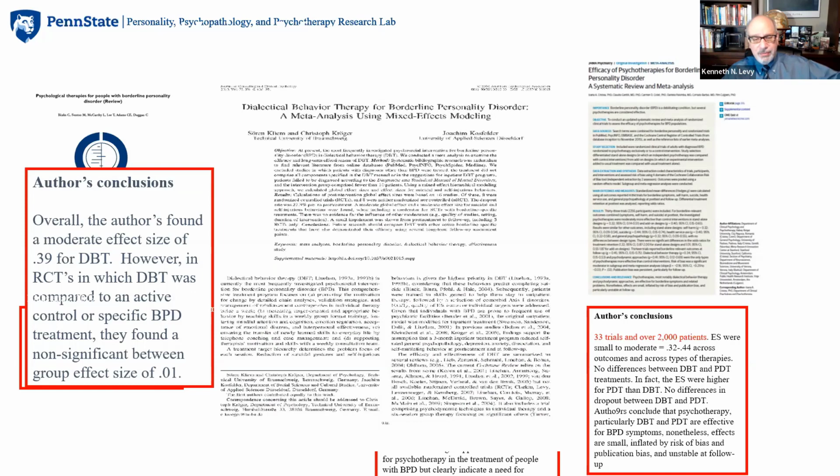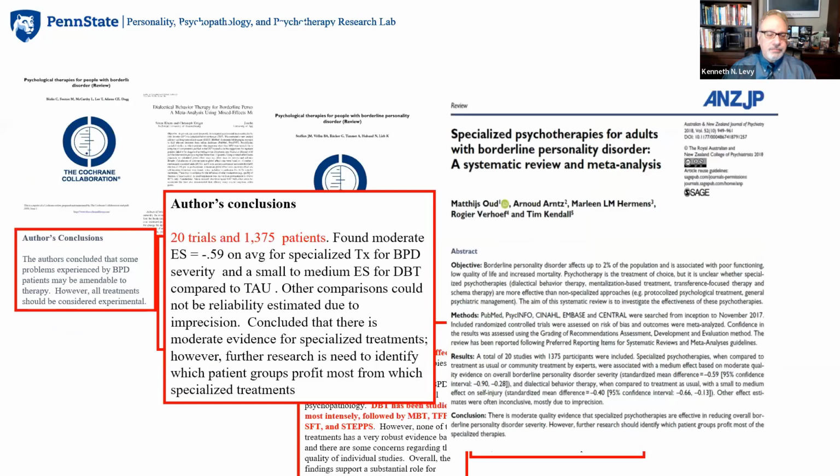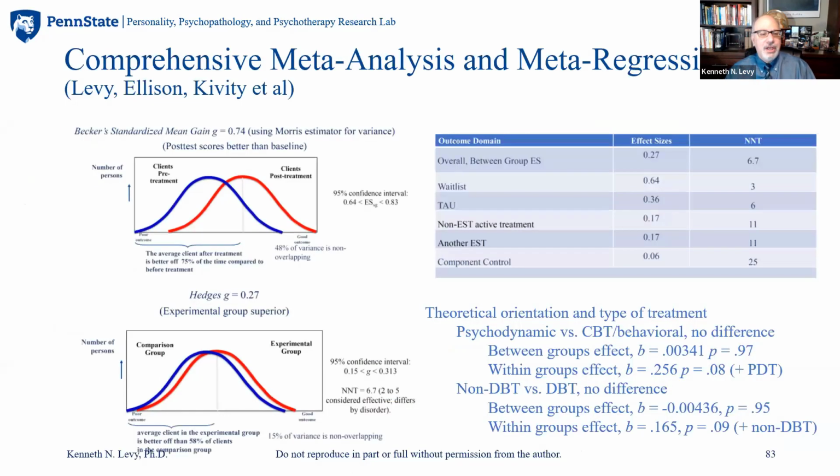So that's consistent with the finding I just described, and not surprisingly, because the data is being drawn from the same pool. Most recently, there was another meta-analysis looking at 20 trials, 1,300 patients, which essentially came up with the same conclusion. Given that, I'm not sure why my colleagues and I decided to do a comprehensive meta-analysis, but we did.